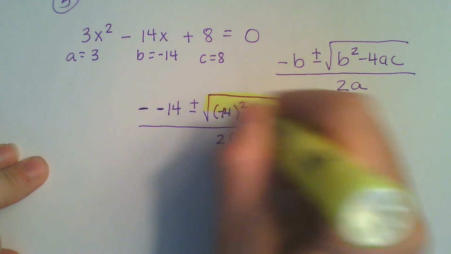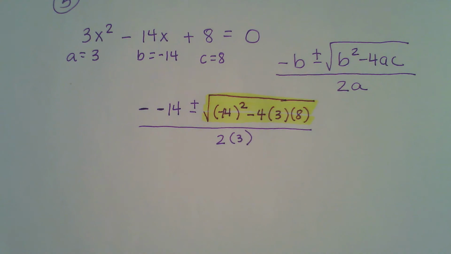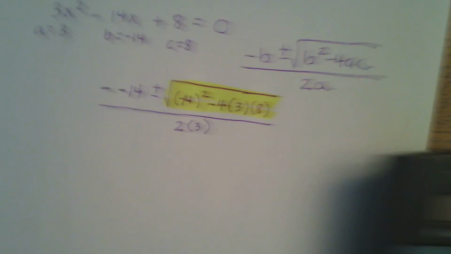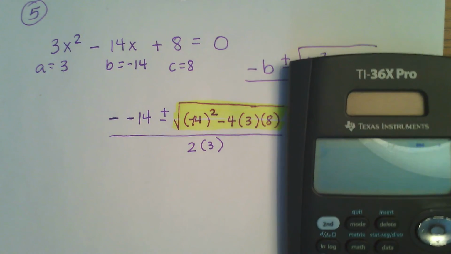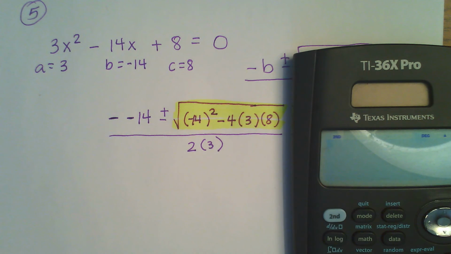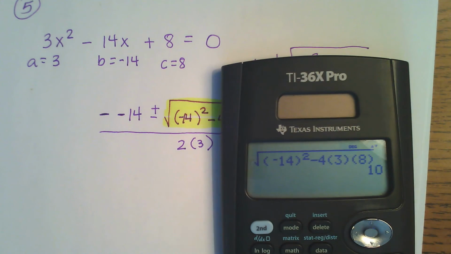I'm going to start here using my calculator. The square root, parentheses, negative 14 squared minus 4 times 3 times 8 is 10.